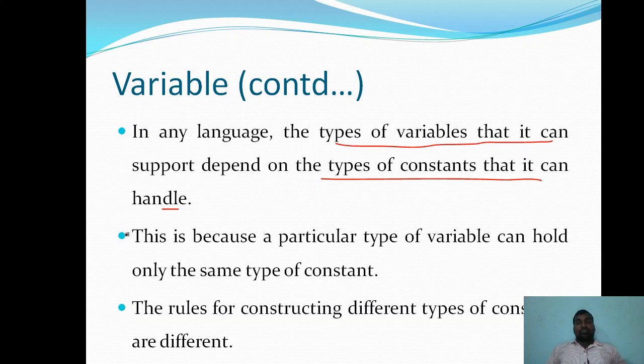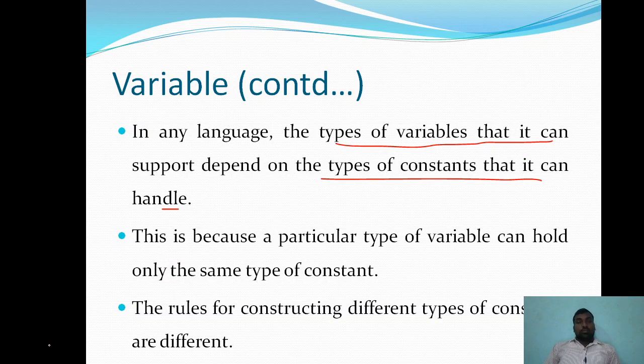Integer constants, fractional constants, and character constants are available in C, and the types of variables are also available.